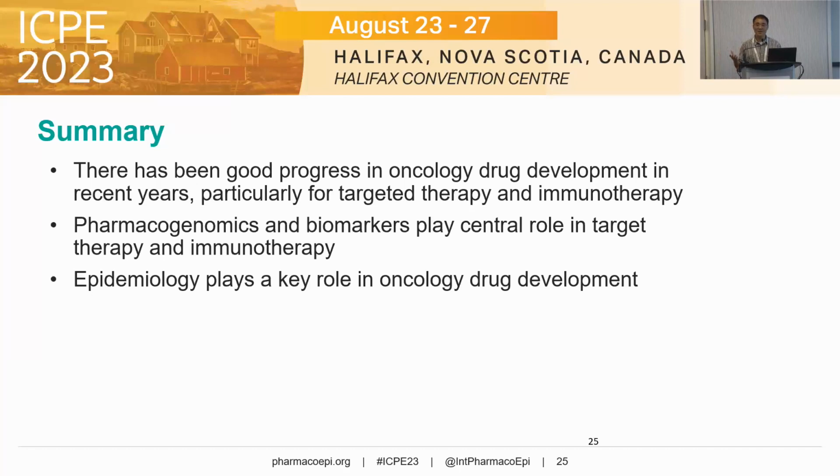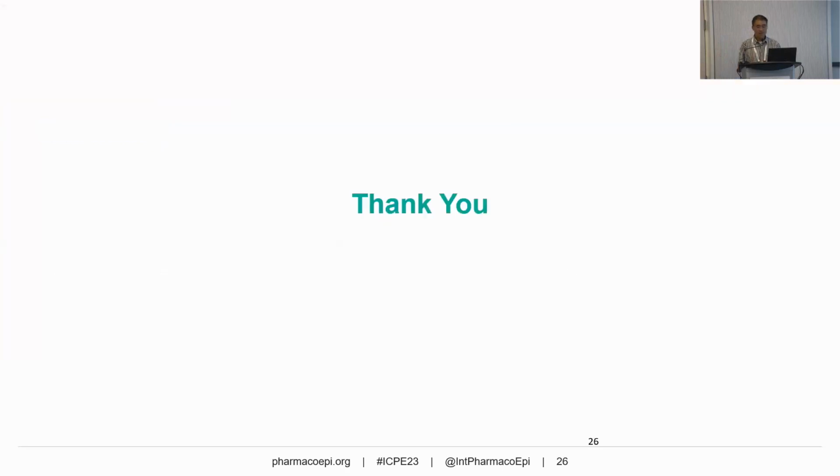Epidemiology plays a very central role in oncology drug development, where we can either analyze existing data sources or collaborate with investigators to generate data which may not be readily available. Of course, everything here is to collaborate with cross-functional groups, clinical, biomarker, stats, and others. So I'll stop here and see whether any of you have any questions before we take the break.